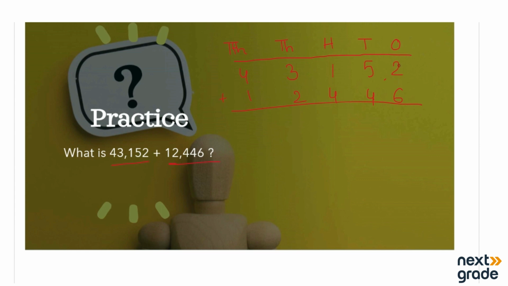ठीक है, तो 2 plus 6 कितने होते हैं, 7, 8. ठीक है, तो हम यहाँ पे लिखेंगे नंबर 8. What is 5 plus 4? 1, 2, 3, 4, 5, 6, 7, 8, 9.